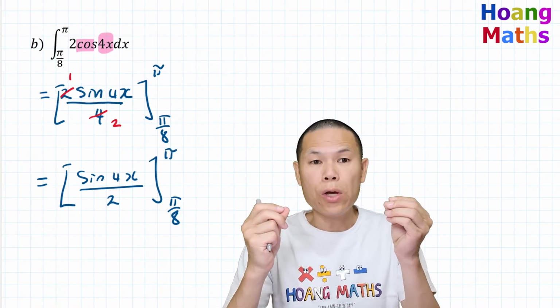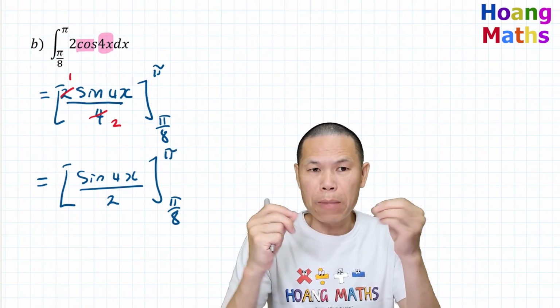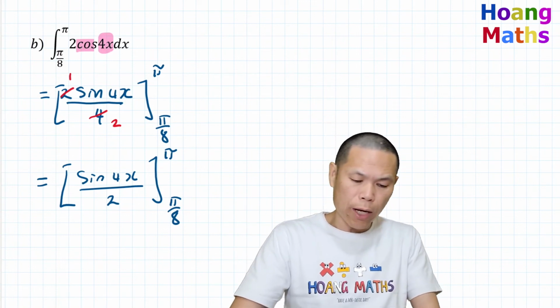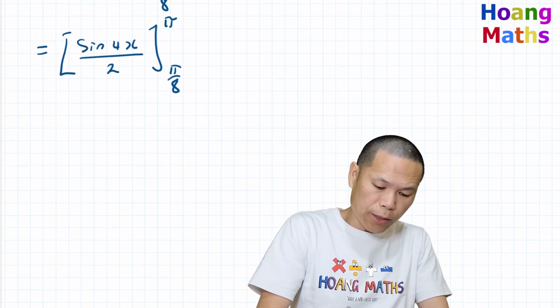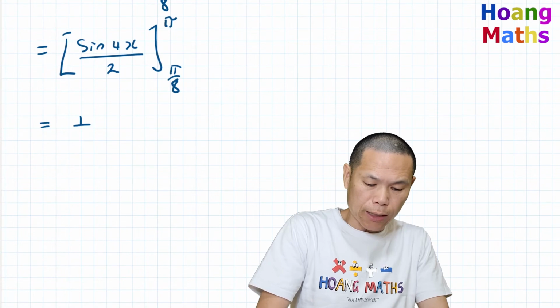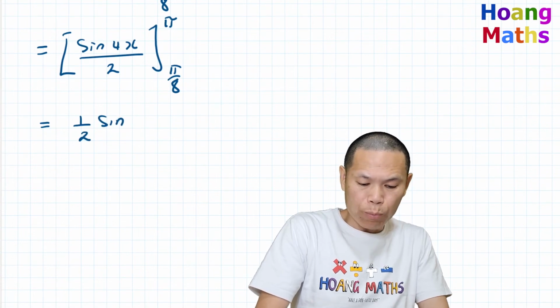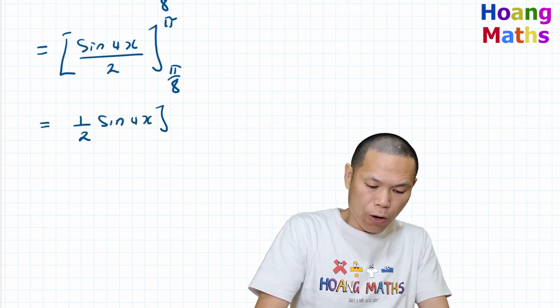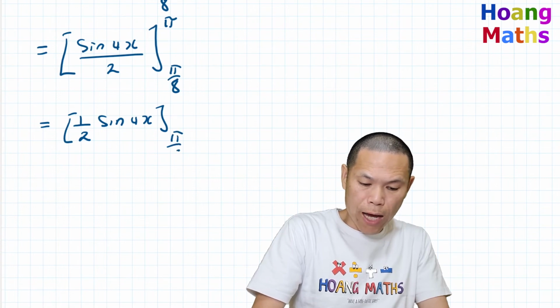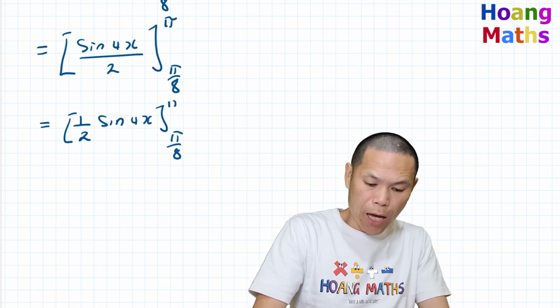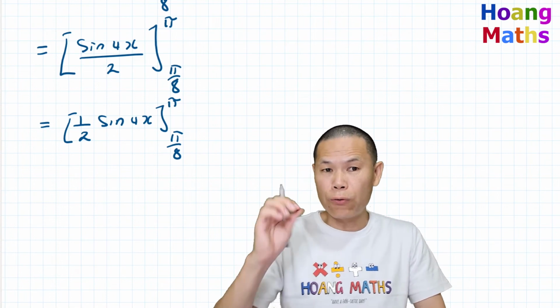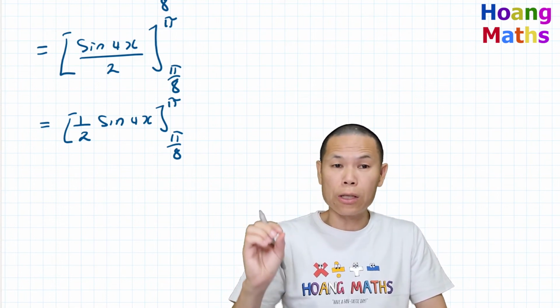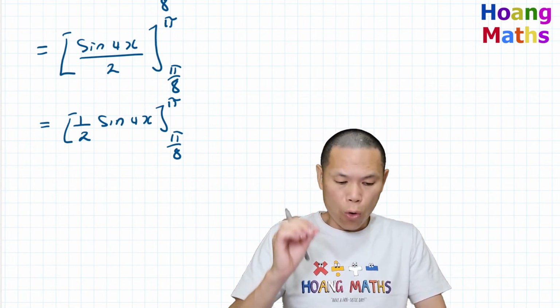Now I can take a half out, which makes it easier. Or you can write it this way: a half sine of 4x from pi over 8 to pi. It's just easier for substitutions. So I can either take a half out, or leave it as it is.